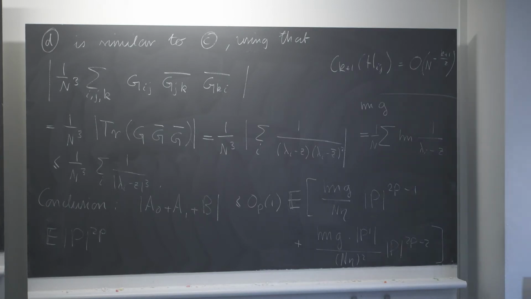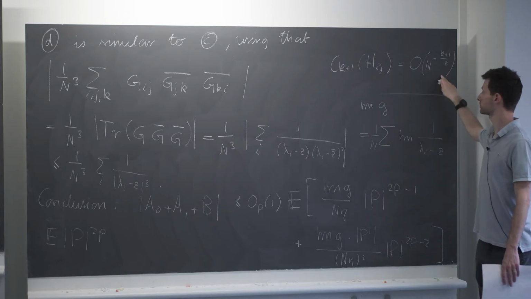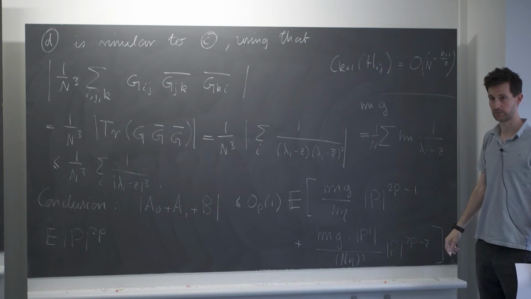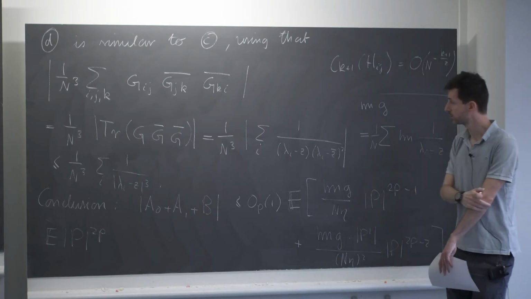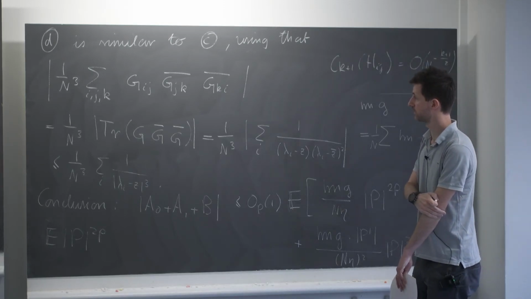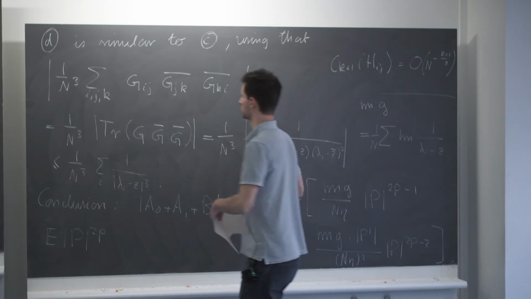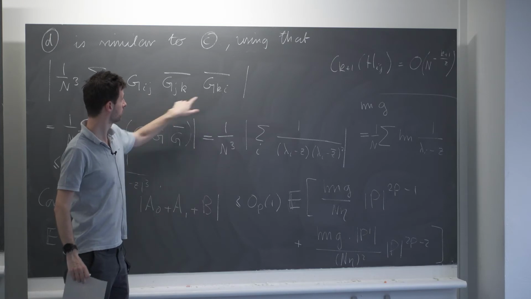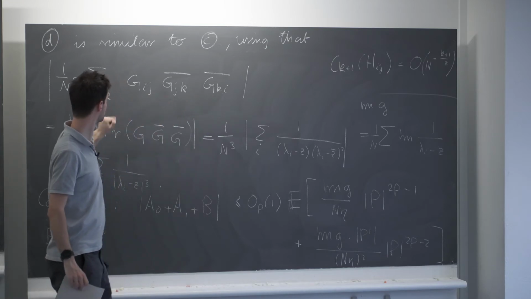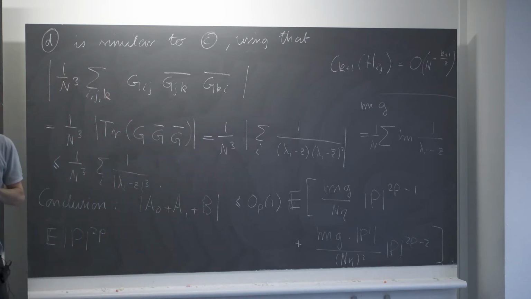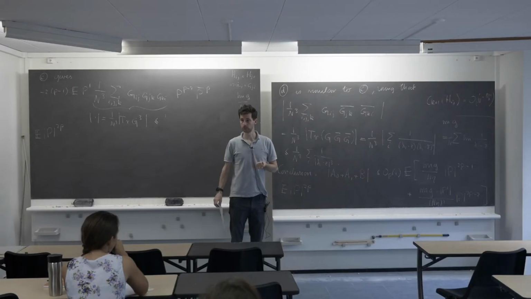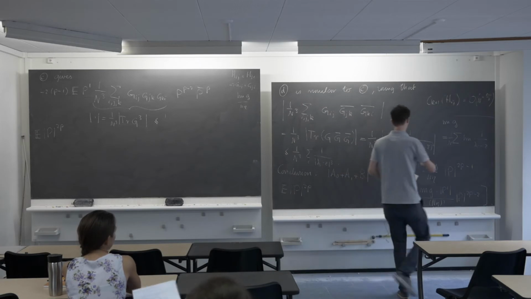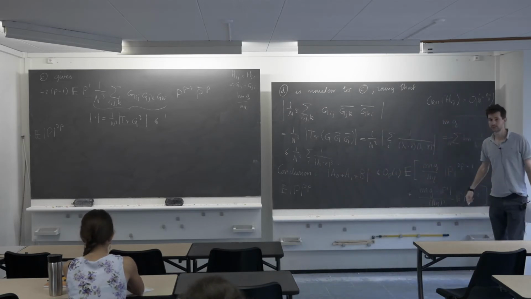If you increase the order k, you start getting extra factors of 1 over square root of n, so these things start becoming very small quite rapidly. The other observation is that the more you differentiate, the higher the degree of these polynomials in G is going to be, the more summation indices you have, and the more you will be able to apply Ward's identity. And therefore, the more factors of this kind you will get. This is the basic intuition.